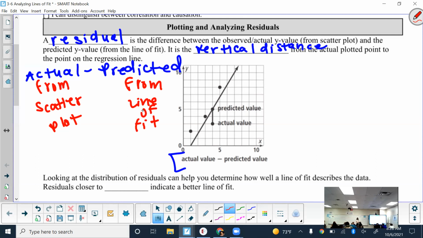And then here's a visual for you. Here's a scatter plot, and they estimated a line of fit that goes through the middle of the data. And the actual minus the predicted. So let's see that. These points are both for when x is 4.